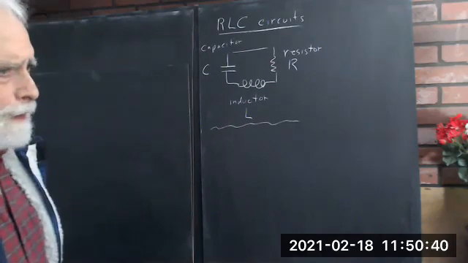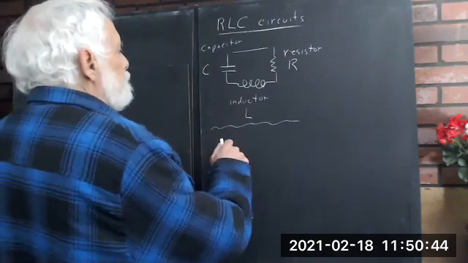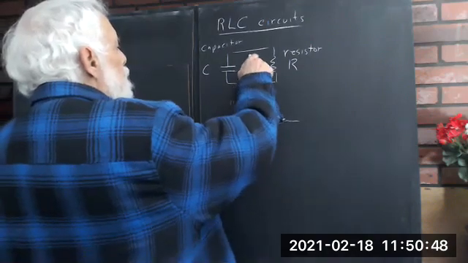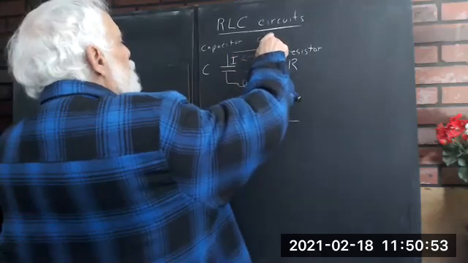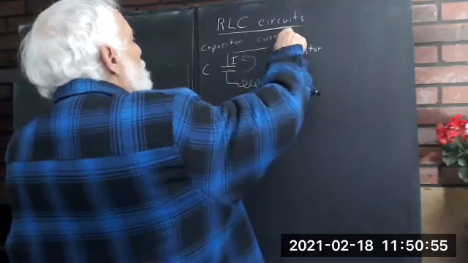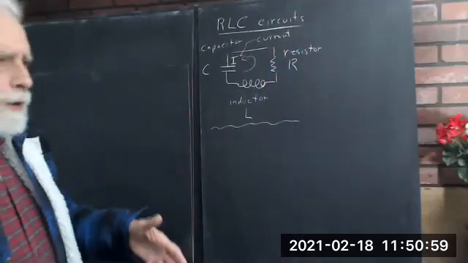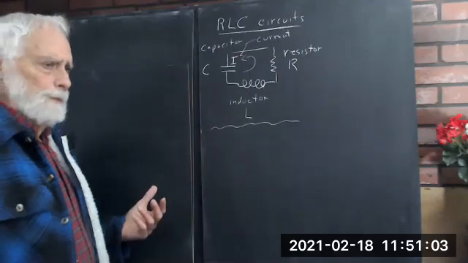So let's just say you have a current I. Now the current is the rate at which charge transports around the circuit.